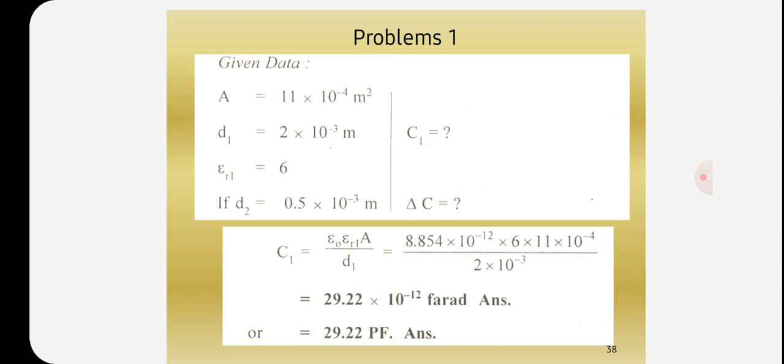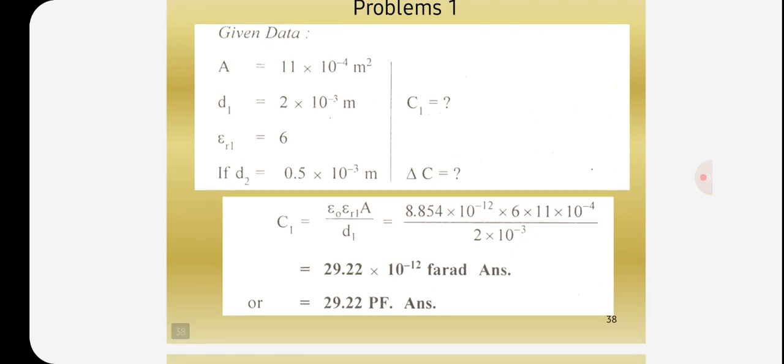delta C. So here the formula is C1 is equal to epsilon naught epsilon r1 A by d1. This is the formula for capacitance. So we can substitute the values: epsilon naught is equal to 8.854 into 10 to the power of minus 12 into 6 into 11 into 10 to the power of minus 4 by 2 into 10 to the power minus 3.